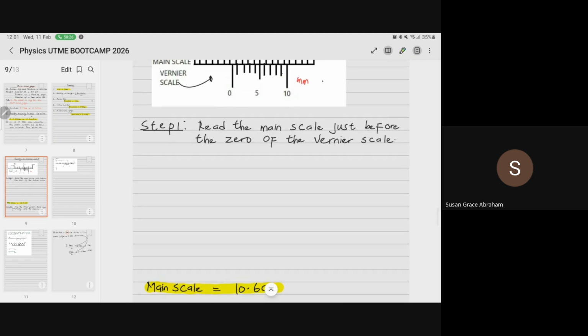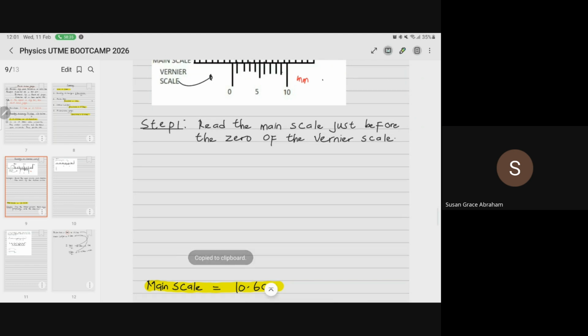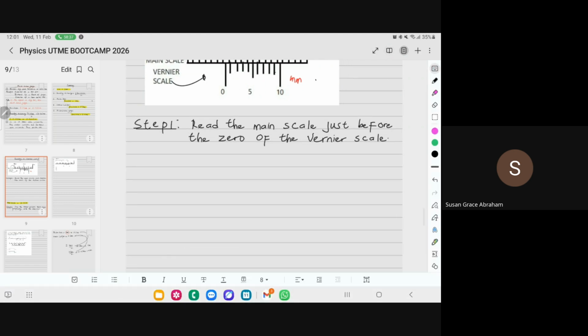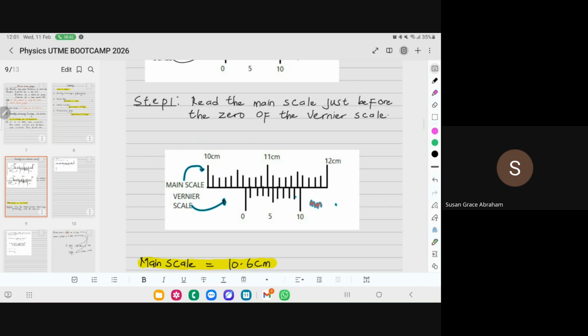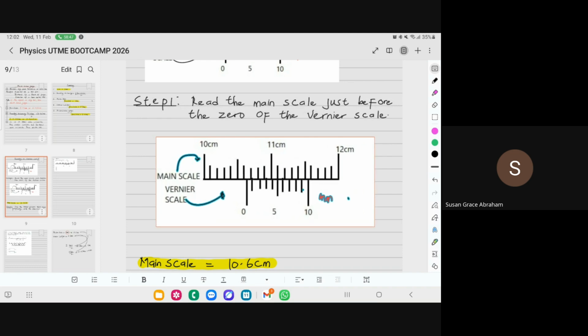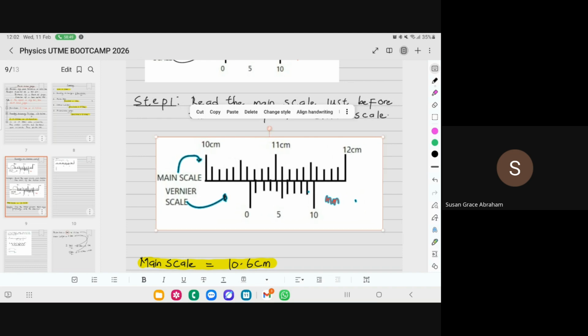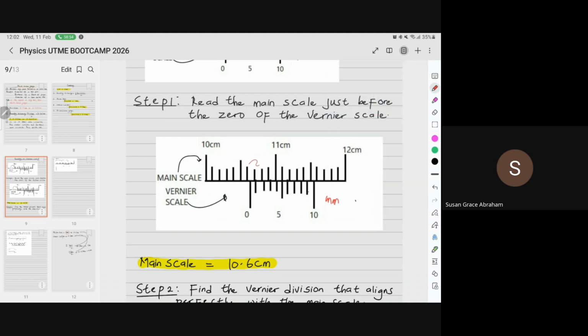Then I want to copy this here so that it can come somewhere around here. So that you can read the main scale, and we'll have a value right here, and that is this place, and that gave us 10.6, right?